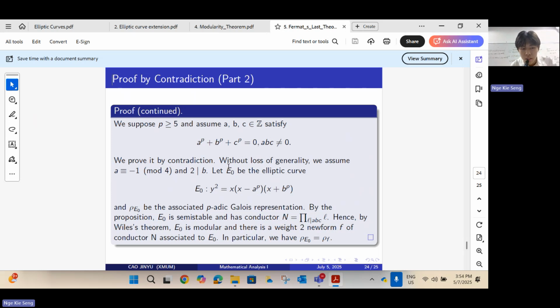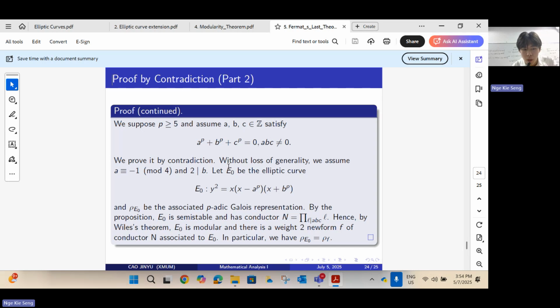Let the Galois representation rho E0 be the associated Galois representation. By the previous proposition, it is semi-stable. The Frey curve is semi-stable and has conductor N, which is the product of the primes L dividing ABC.